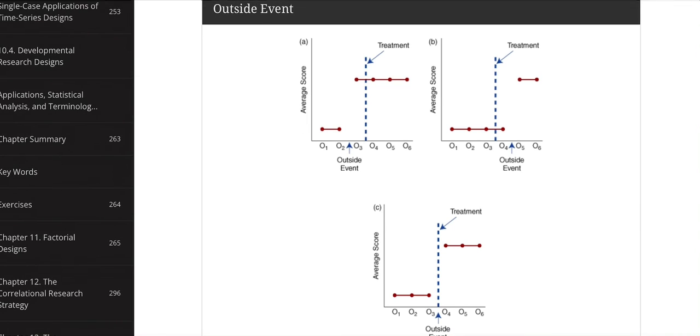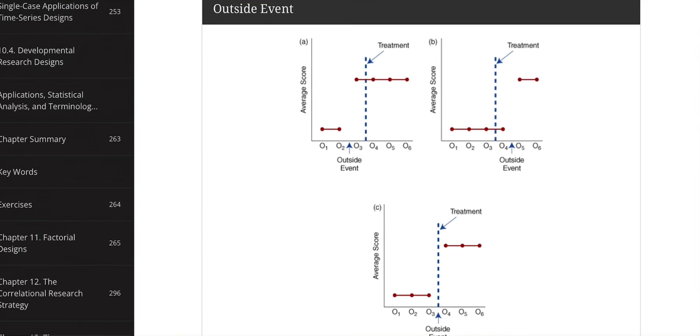So if all you did was look at observation 2 and 4, it may look like the treatment had an effect, but really there was something else that caused this jump in scores. And so doing these multiple observations like this shows you that it wasn't your treatment. In fact, it was something that happened before.